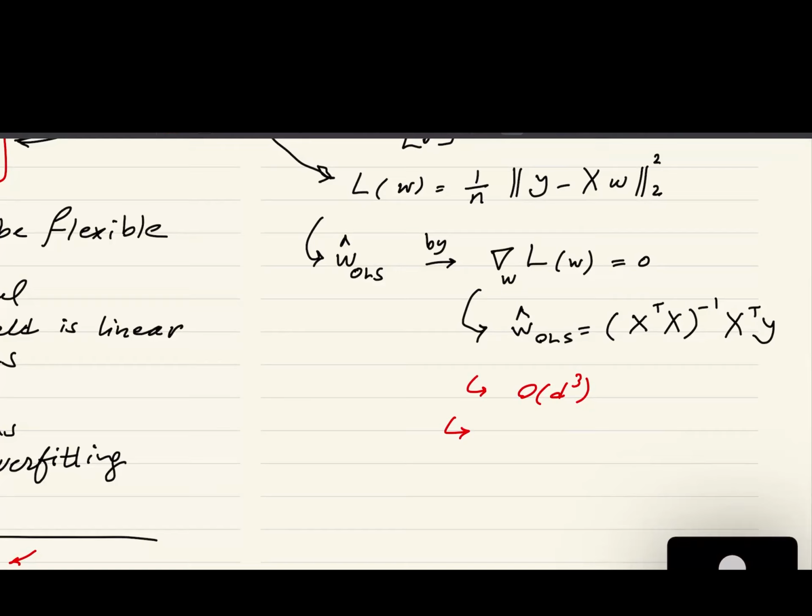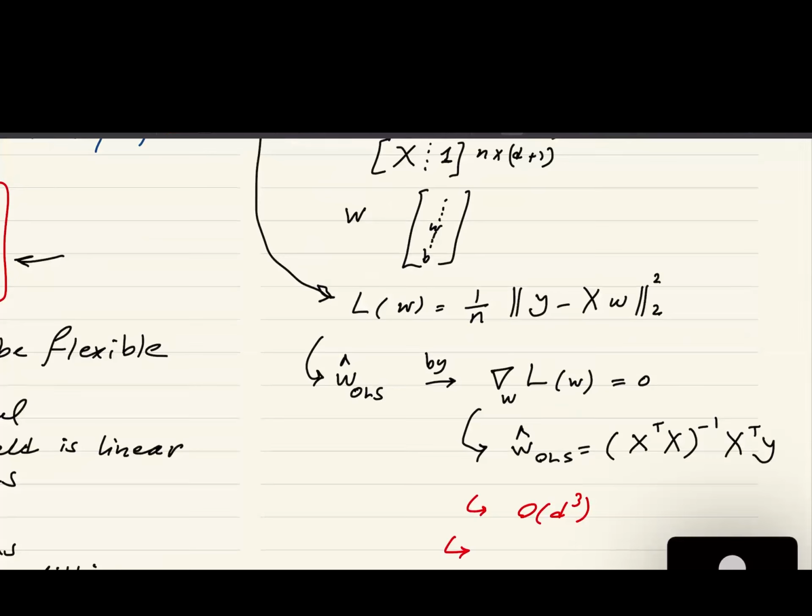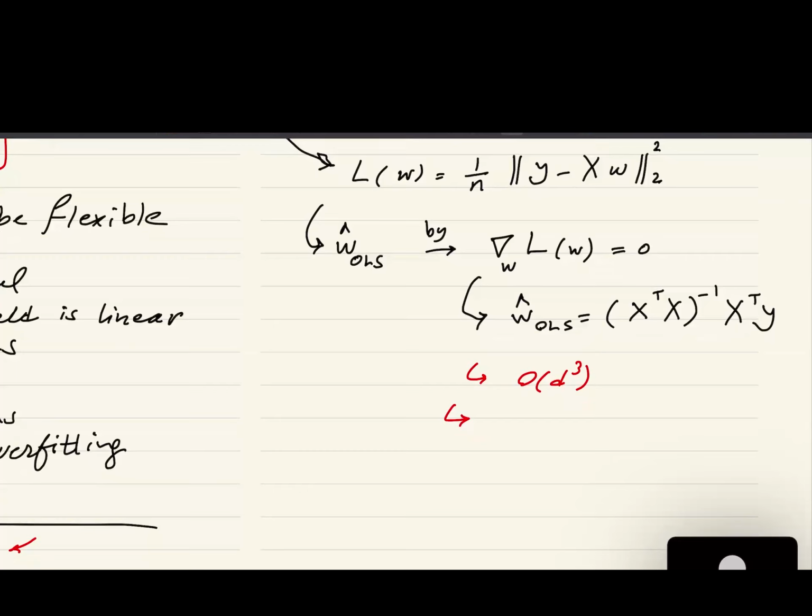We cannot use this because we have none of those luxuries. Our data sets are often very large and our models are not linear. So we have to come up with other ways of finding this W, and as we will discuss later, we will use a different form of gradient descent.